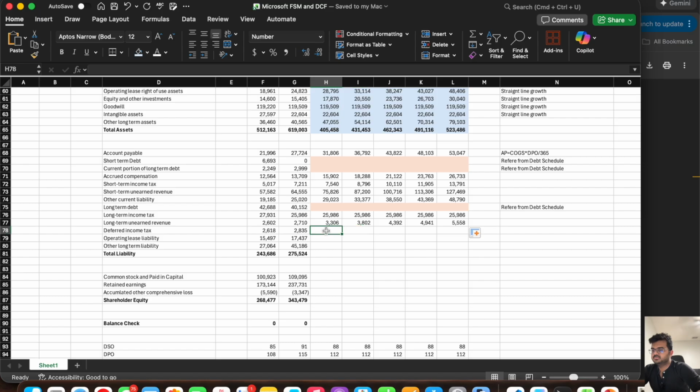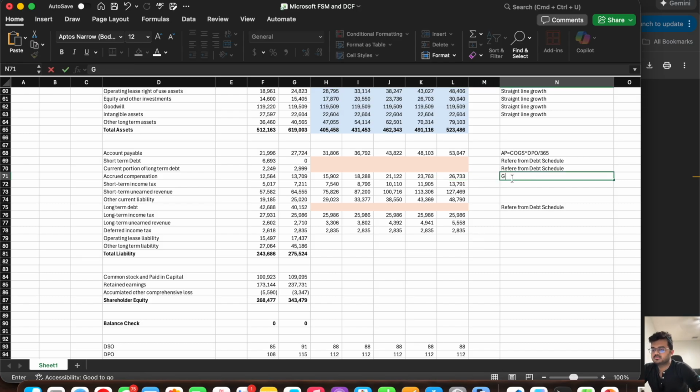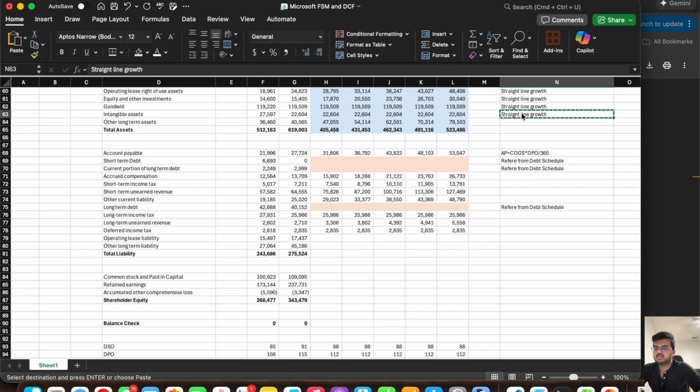And the next one is deferred income tax. Even here, we don't know how much the deferred income tax will be. So I'm just going to take an assumption that it is going to be straight line. Maybe I will take a note of how I calculated it. This is straight line growth. Copy this.